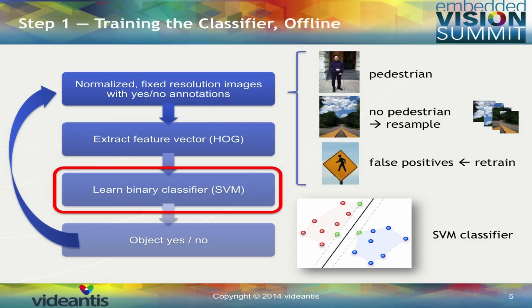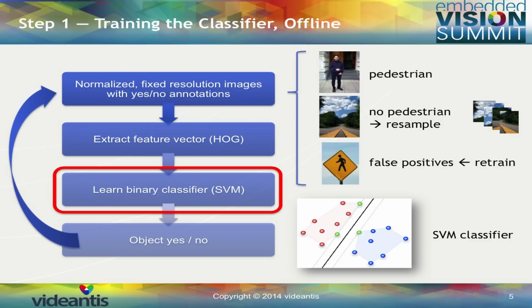And then for each image you extract this feature vector, and we get to that in a little bit more detail later on. And then you have this classifier. That's basically one long vector that you multiply this feature vector with. And if it's bigger than a certain value or smaller than a certain value, you know you've detected an object that belongs to this class or not.